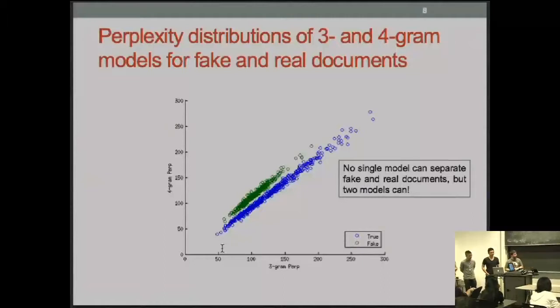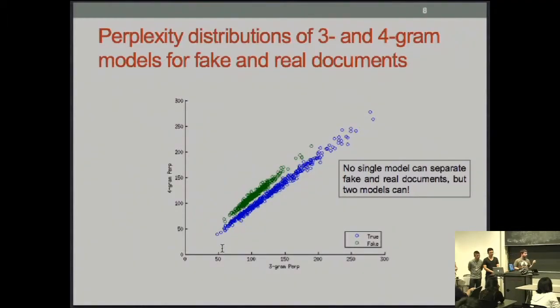Here the perplexity value is plotted for 3-gram and 4-gram models. This is an interesting picture in our opinion because this is for the original training set. You can see that they are linearly separable, almost perfectly. We believe that there is a latent variable that defines the complexity of the lexicon.